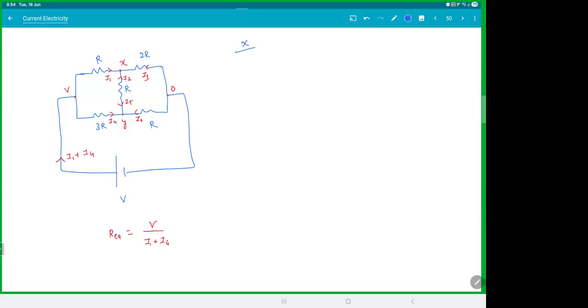So we are finding X: I1 plus I2 plus I3 is equal to 0. V minus X by R, plus V minus X by R, plus 0 minus X by 2R. R goes off. V minus X plus Y minus X by 2 is equal to 0. This is 5X by 2 minus Y is equal to V. That's your equation 1.